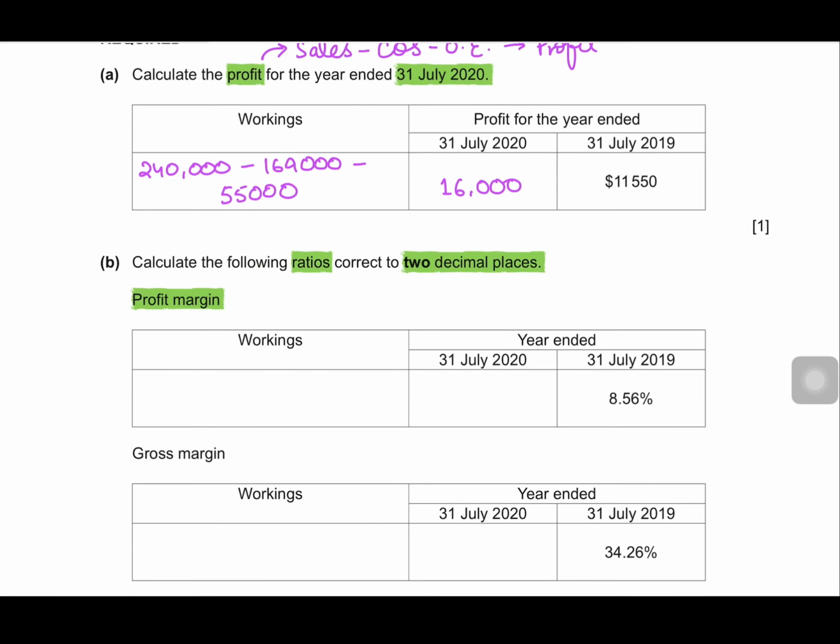So first one is profit margin. Now how do we calculate profit margin? We take the profit that we have just calculated, 16,000, and we divide it by the sales, total sales for the current year, and then it is multiplied by 100, so that we have our answer in percentage form. So profit is 16,000, and we will be dividing it with the sales.